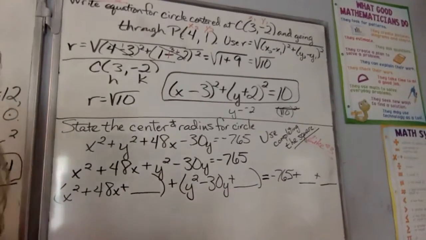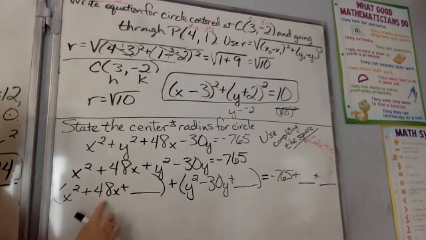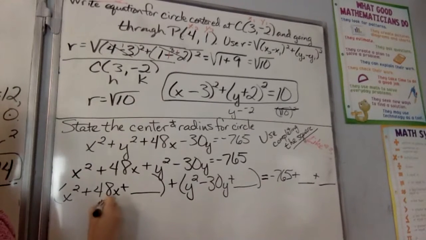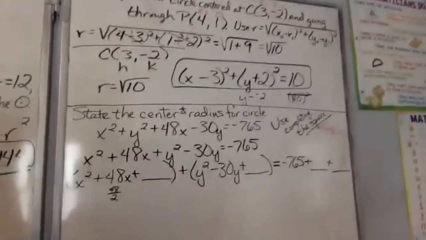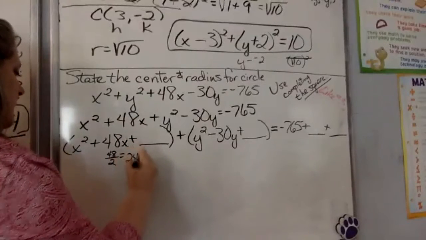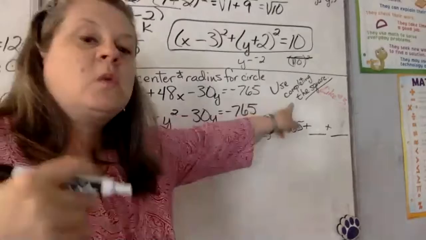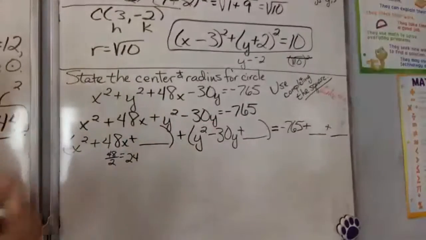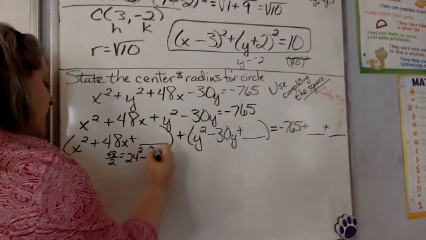The way we complete the square is you take half of the linear term. So to take half of something, you divide it by 2. So 48 divided by 2 is 24. And then remember, it's called completing the square. So I'm going to square that. So 24 squared is going to go in that blank.